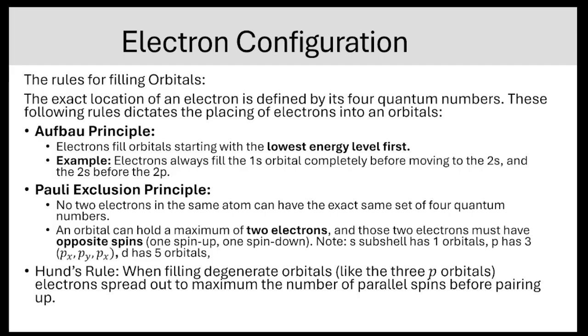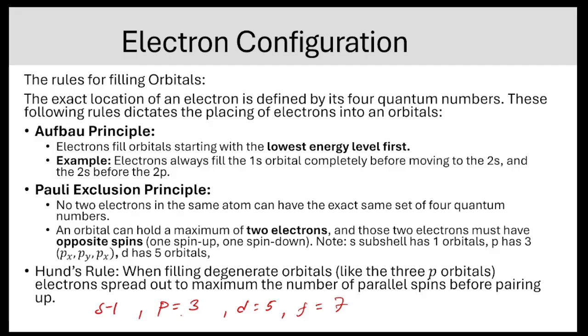And then we have Hund's rule. When electrons fill degenerate orbitals, meaning orbitals of the same energy, such as the 3p orbitals, if you remember, the s subshell has only one orbital. The p subshell has three orbitals. D has five. F has seven orbitals.